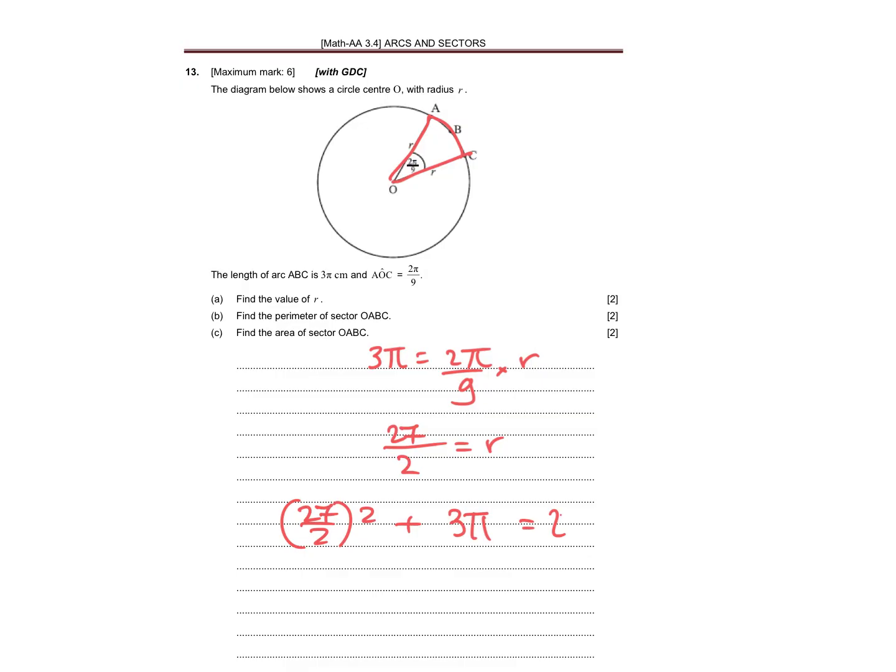So we're going to have 27 plus 3 pi. And the area of the sector is 1/2 R squared.